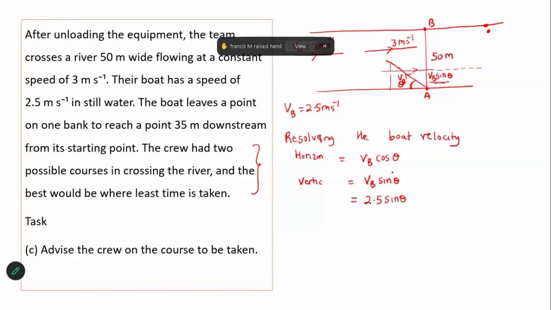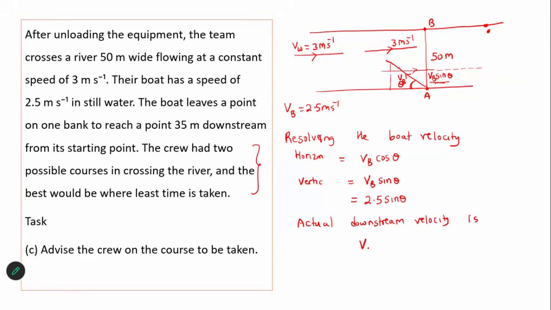Now, in case I want to get the actual velocity downwards, what am I going to say? So I'm going to come here and say actual downstream velocity. What is it equal to?